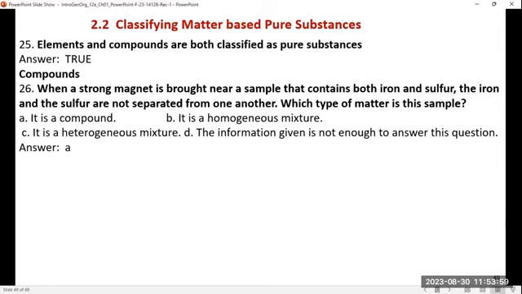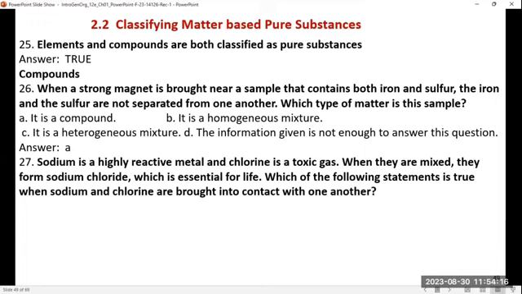So this is an example of a pure compound. So the answer is not heterogeneous mixture or homogeneous mixture. When you cannot separate the elements in a compound from each other, that is a pure substance called a compound.